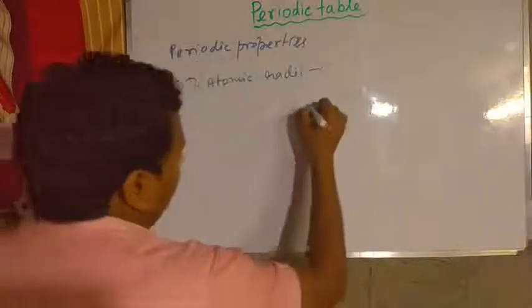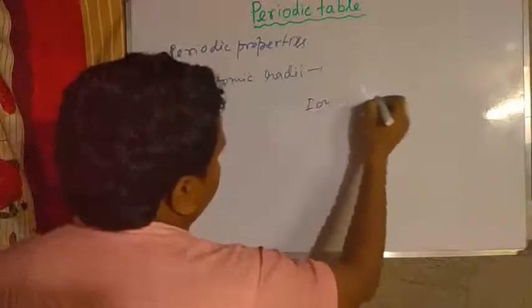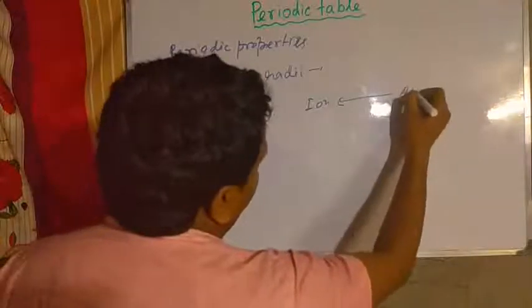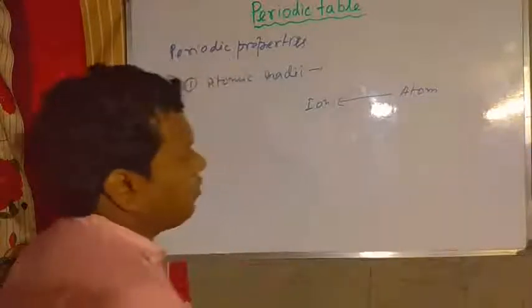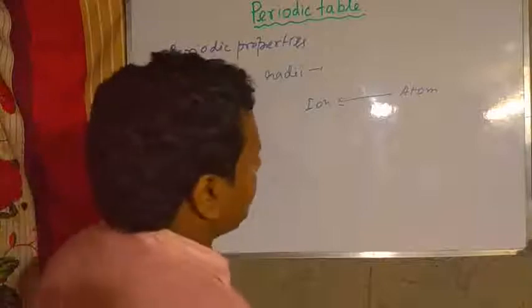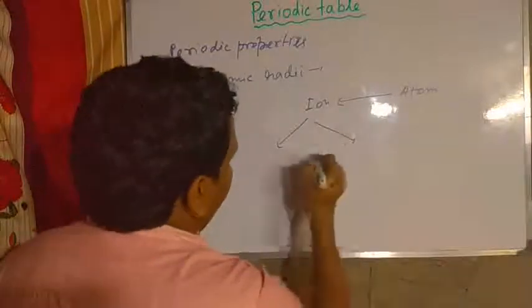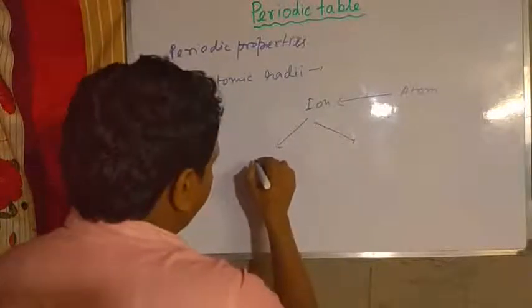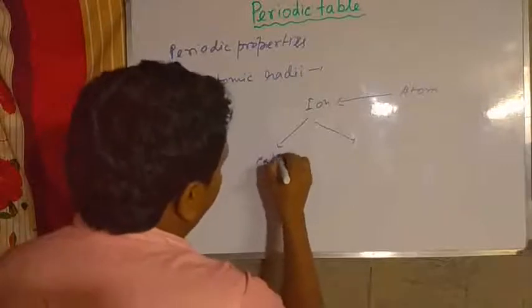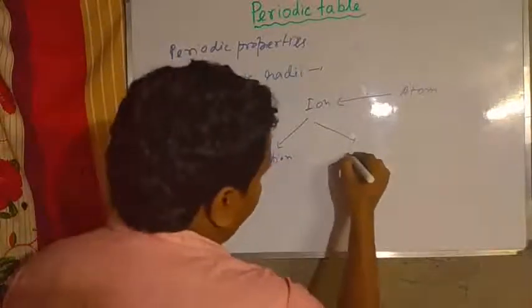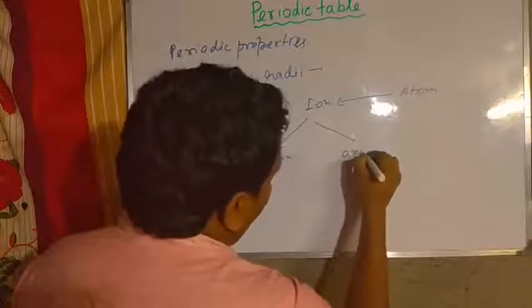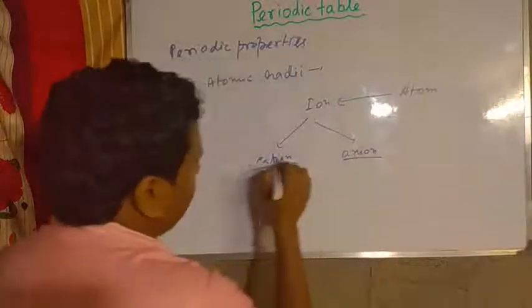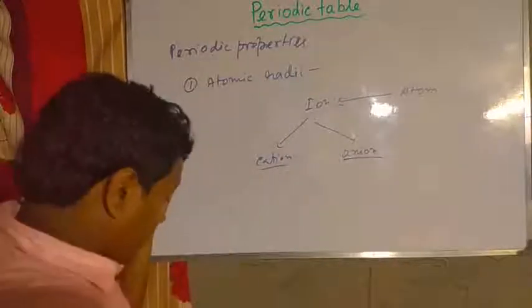We know an ion is generated from an atom by donating or accepting electrons: when it donates, it forms a cation, and when it accepts, it forms an anion.